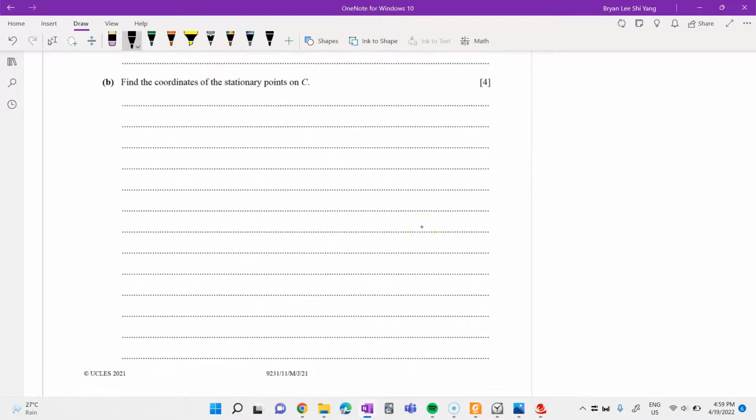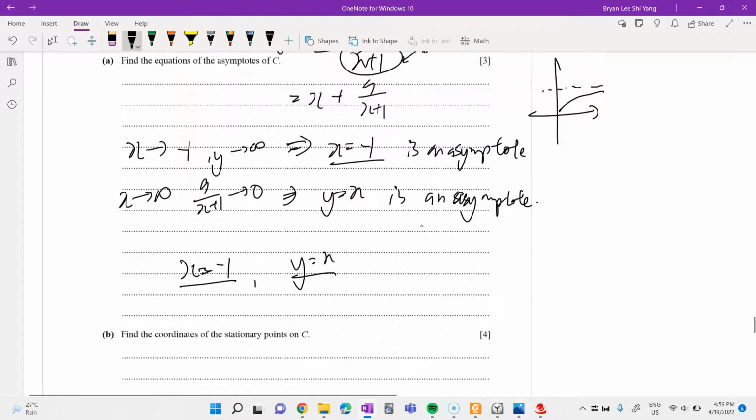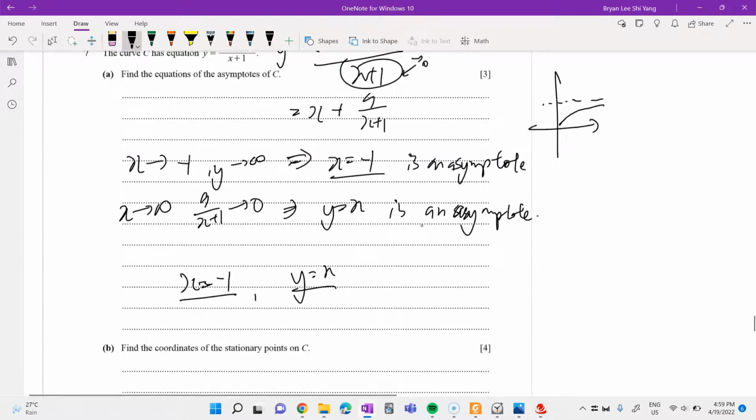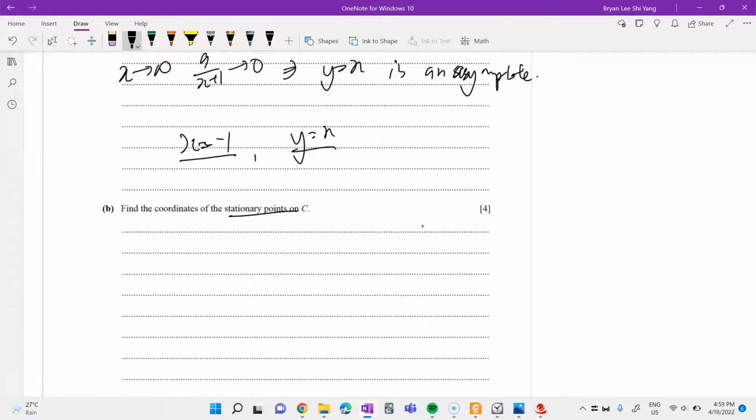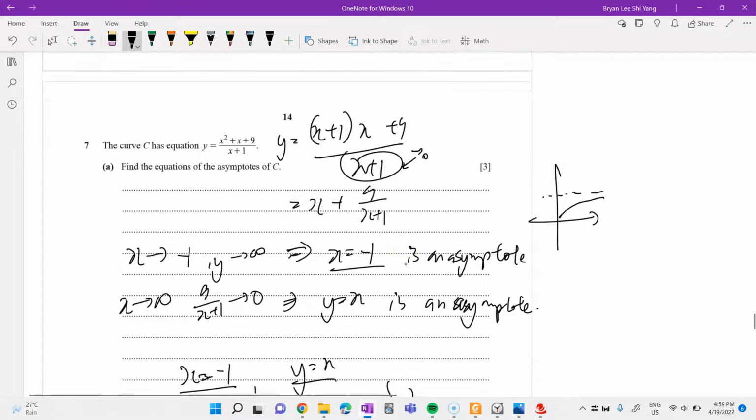Now, find the coordinates of the stationary points on C. Stationary point, meaning that its tangent is parallel to the x-axis, so dy over dx is equal to 0. So for dy over dx, we could use the quotient rule, if you know what that is.